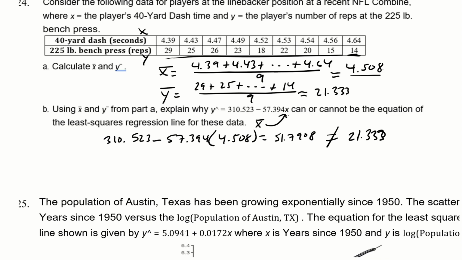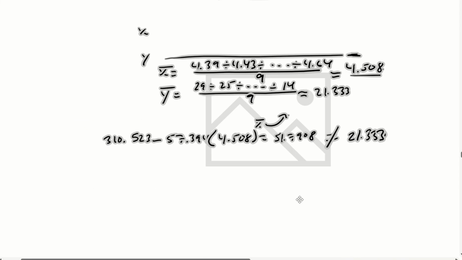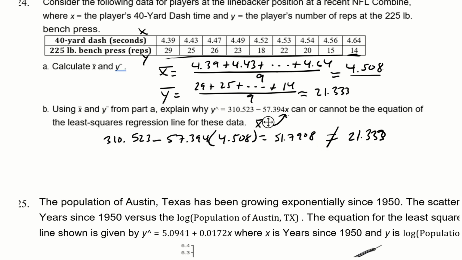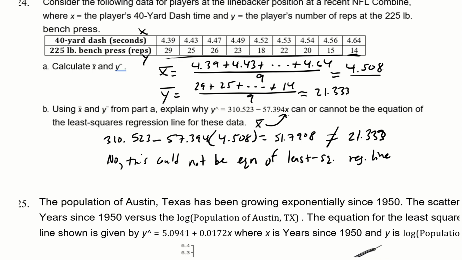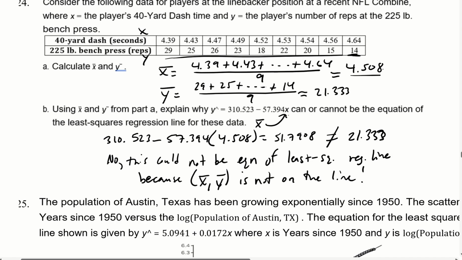Therefore, this cannot be the equation of the least squares line, because (x bar, y bar) is not on the line. Okay, so that's how you do it.